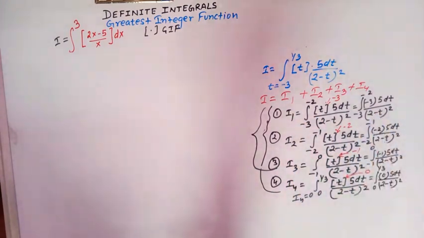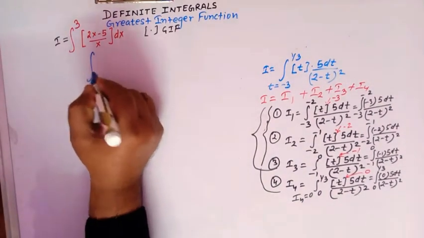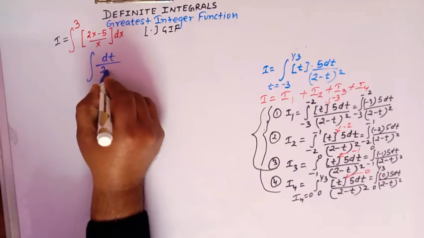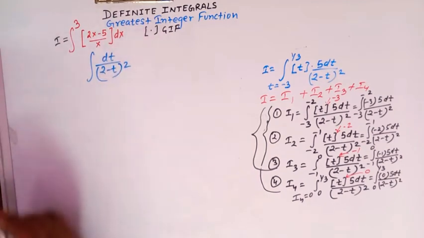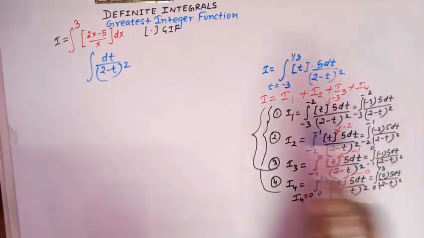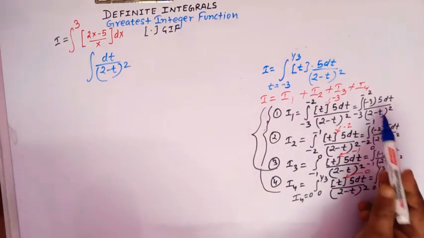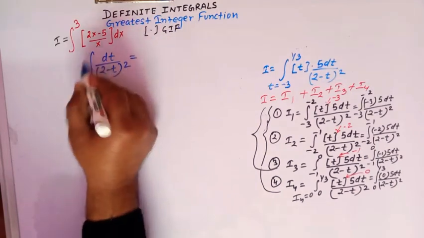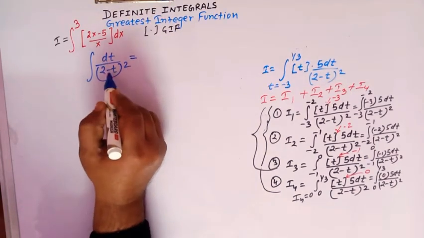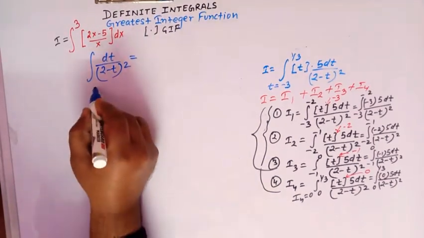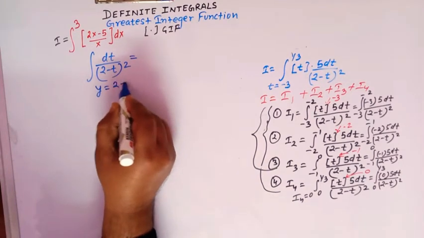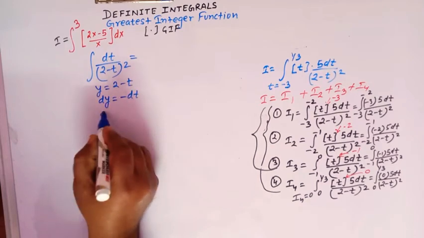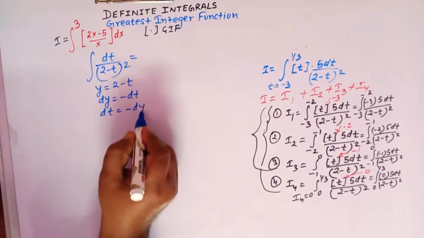Let us first take the indefinite integral of dt over (2 minus t) whole square, because this integral is involved in all three integrals. We can solve it by substitution. Let y equal 2 minus t, so dy is equal to minus dt, and dt is equal to minus dy.